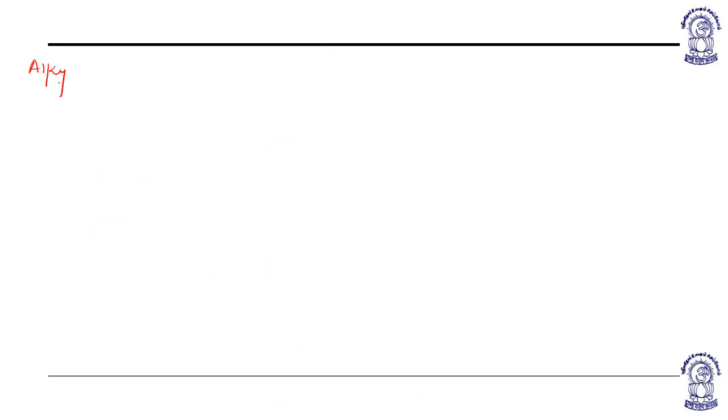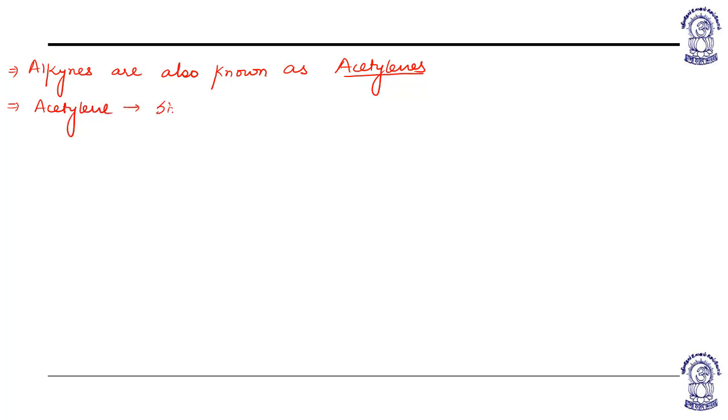Alkynes are also commonly known as acetylenes. Acetylene is the simplest alkyne.